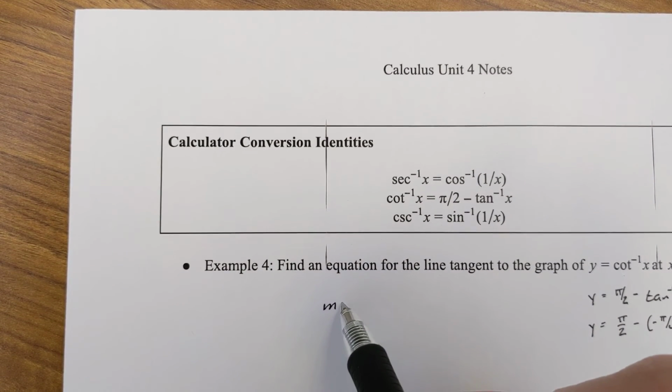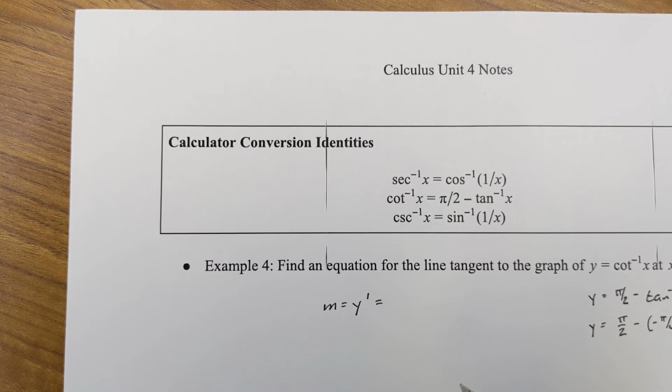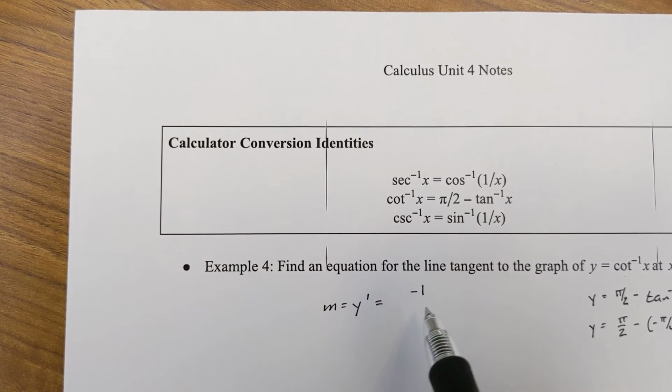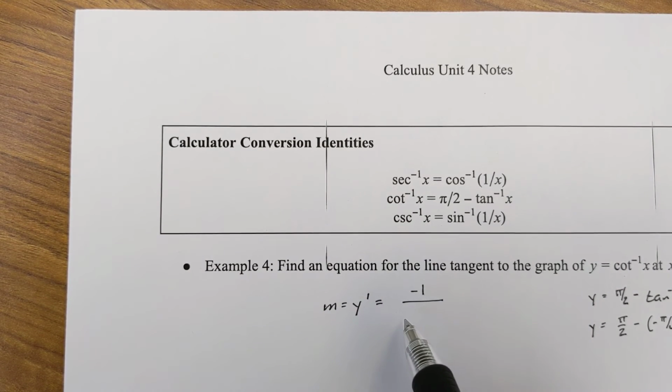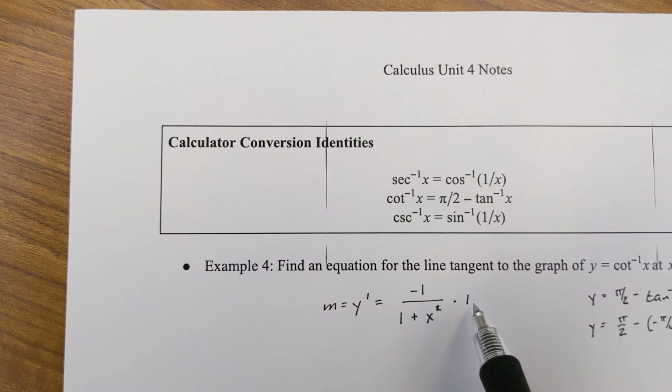So m is equal to y prime, which for the inverse cotangent is -1 over 1 plus u squared. My u value is just x, so x squared, and then times 1 technically, because du dx is the derivative of x, which is just 1.